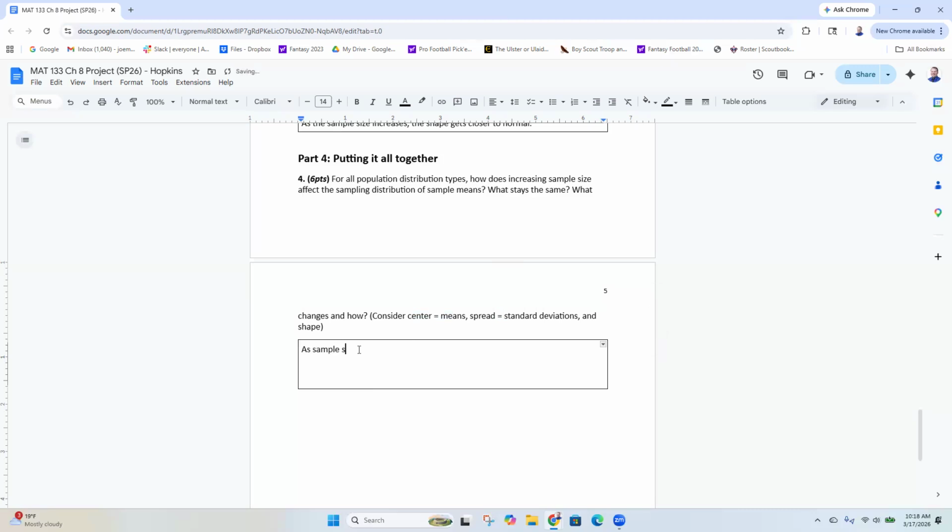As sample size increases, the mean stays the same. The spread, which is the standard deviation, decreases, and the shape gets closer to normal.